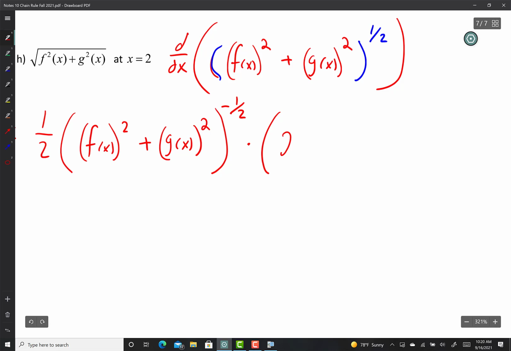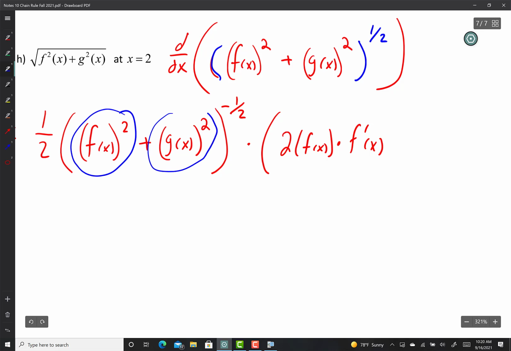2 f of x to the power 1. Am I done with that part? Times, no. F prime of x, right? Because I'm doing the derivative of this first, and then when I get to this one, I'll do that one right now. Right?